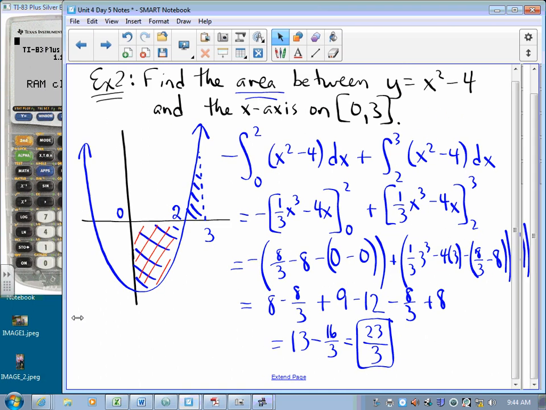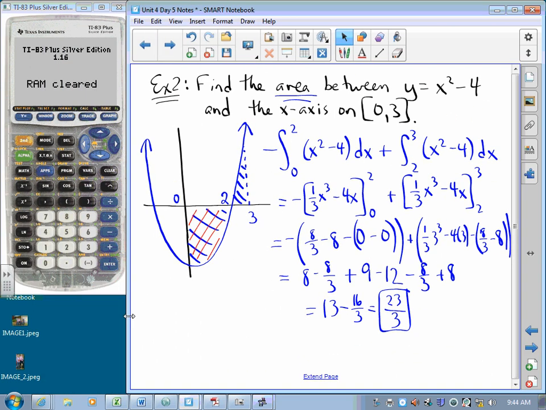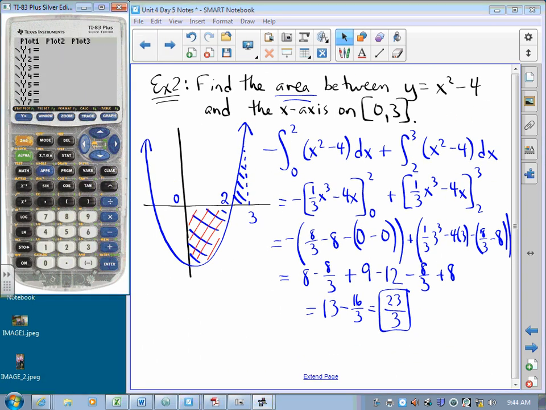Let's just bring that picture in. If I were to have some function integral, I would simply integrate the absolute value of my function from 0 to 3.